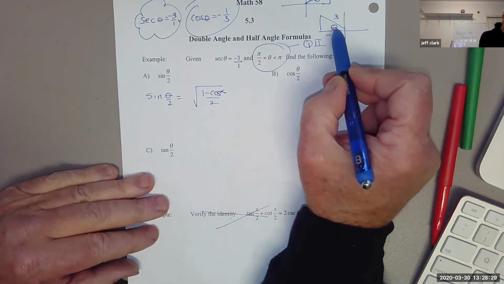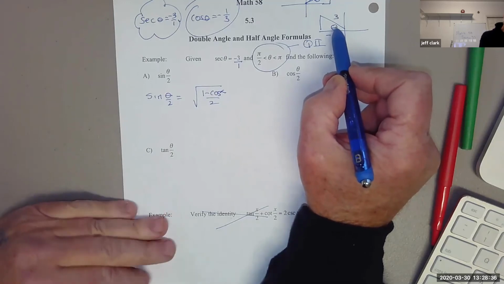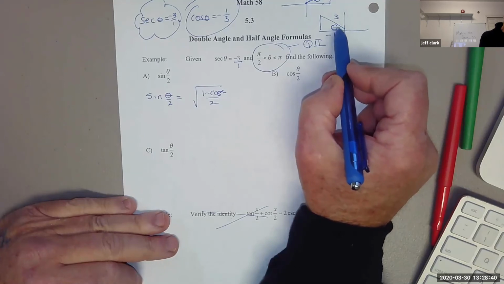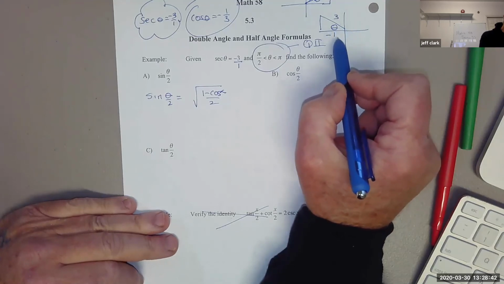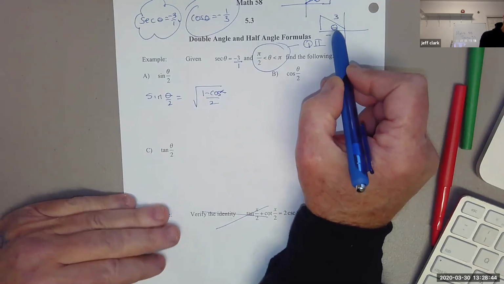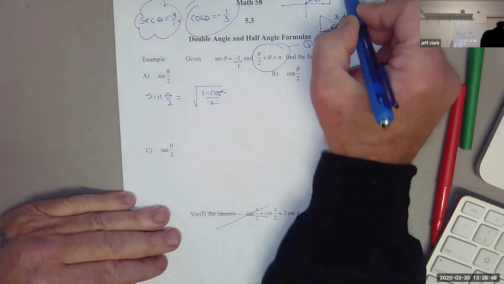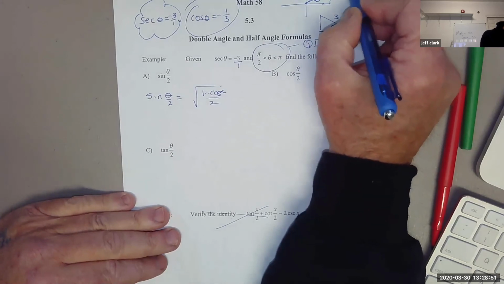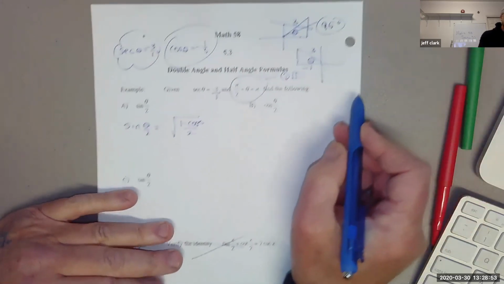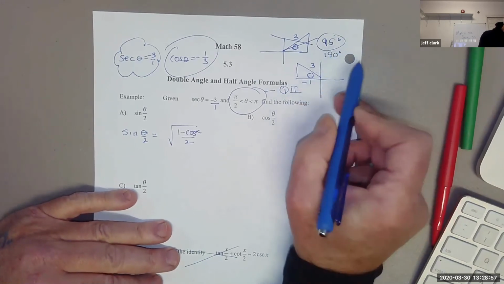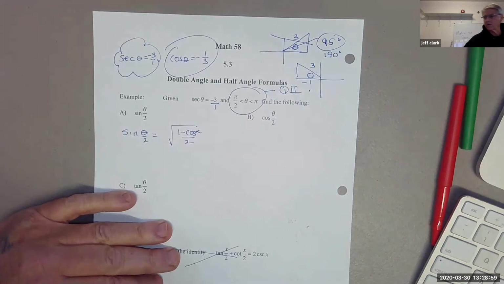What about 95? If I doubled 95 degrees, would the original angle be in quadrant 4 or quadrant 1? Doubling 95 would be what, 100? If I said 95 degrees and I doubled that, that's 190 degrees. So I would be over in quadrant number 2.